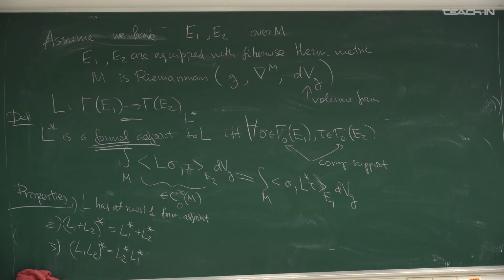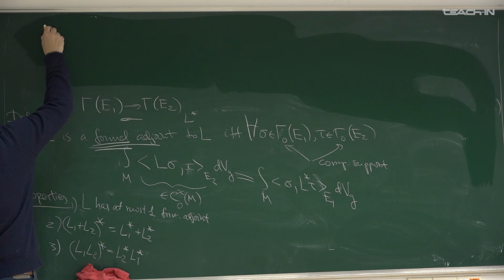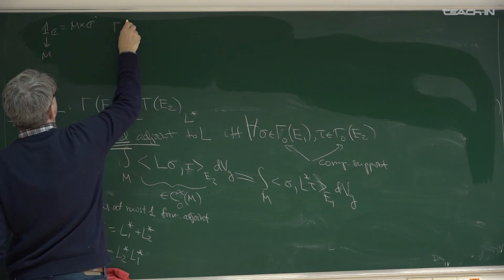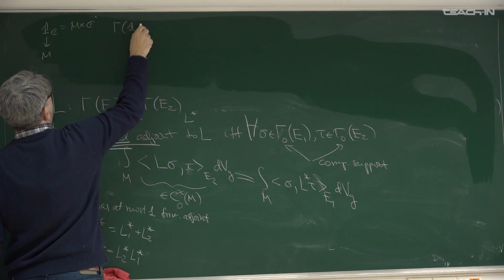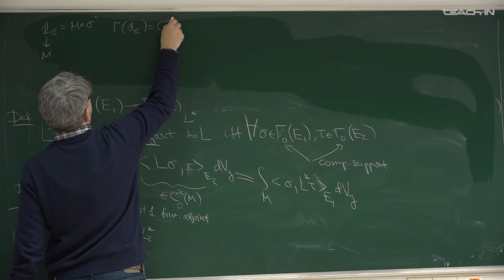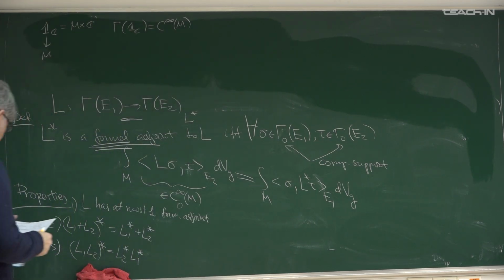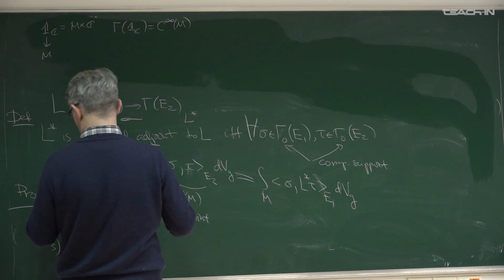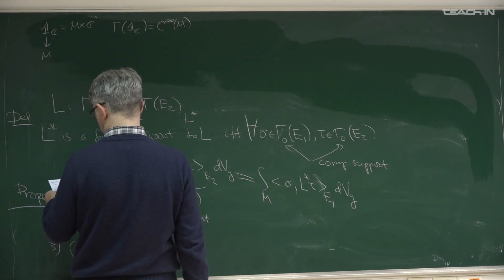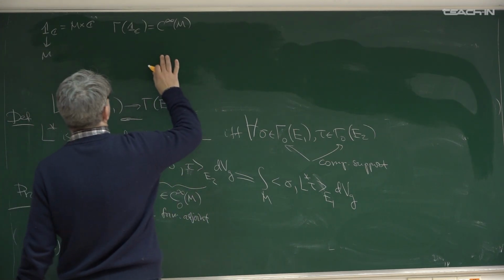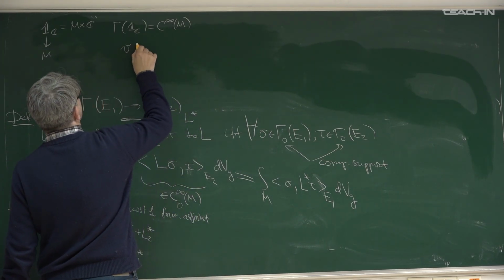Okay, fundamental examples. Again, we consider a very simple vector bundle. Sections are just smooth functions on M. And we have a vector field.